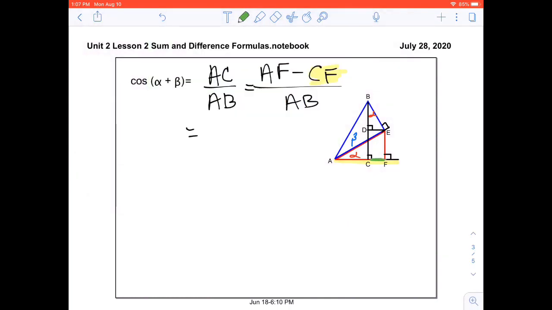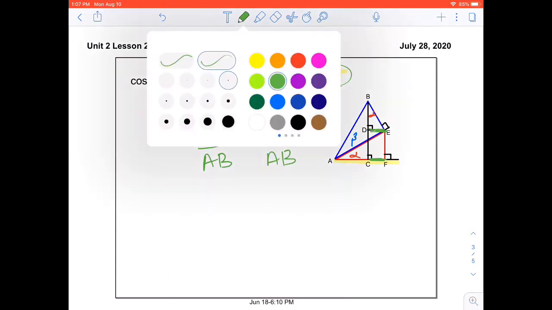CF is not the entire side of a triangle. But you notice we've got a rectangle DEFC in the picture, and so CF is going to be congruent to DE. So we're going to substitute that value because DE will be a little bit more useful. It's the side of a triangle. So let's give AF its own denominator of AB, and we're going to subtract off not CF, but its congruent part DE over AB.